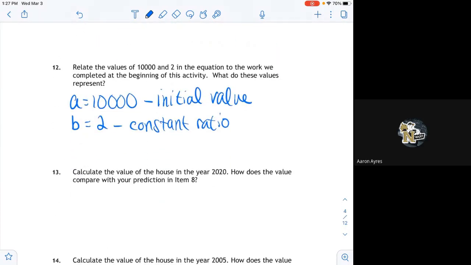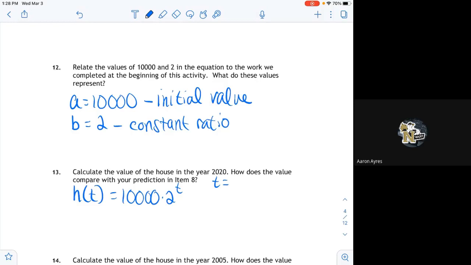If I wanted to calculate the value of the house in 2020, how would I do that? What would be the value of T? H of T equals 10,000 times 2 to the T, right? T would have to equal what value for the year 2020? Remember, T is the decades since 1960.